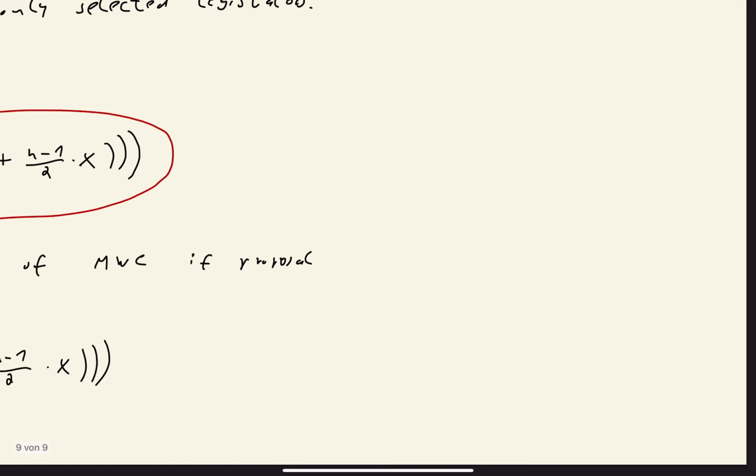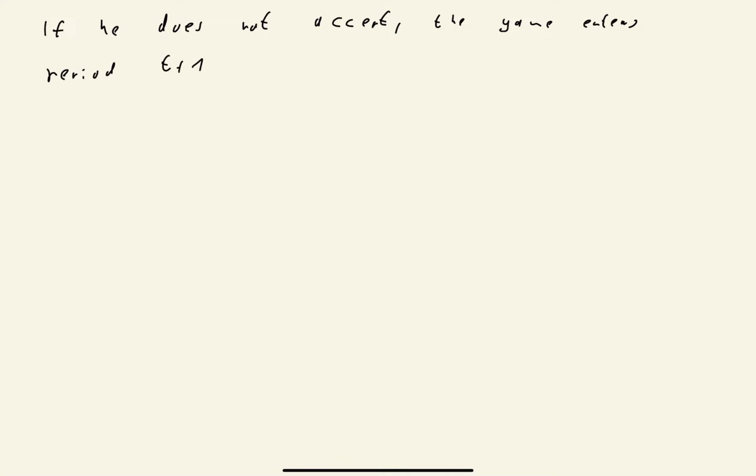And if he does not accept, the game enters period t plus 1, where his utility is then given by the following.